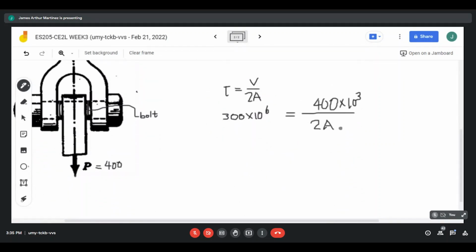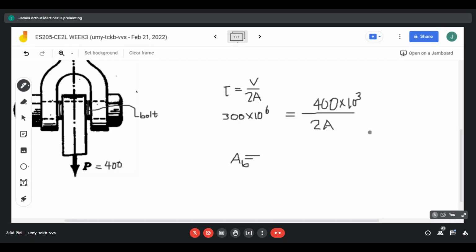So we now have the cross-sectional area for the bolt. Therefore, the cross-sectional area of your bolt is equal to 400 times 10 to the power of 3 all over 2 times 300 times 10 to the power of 6.